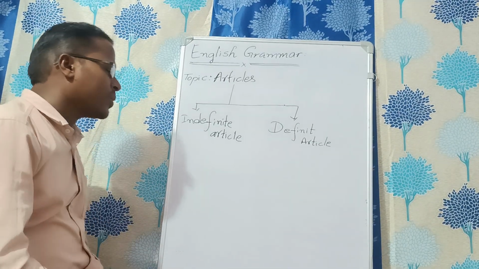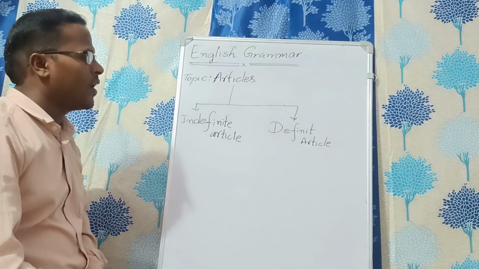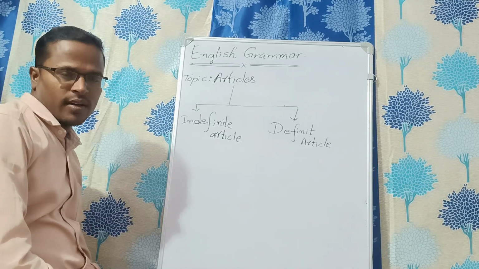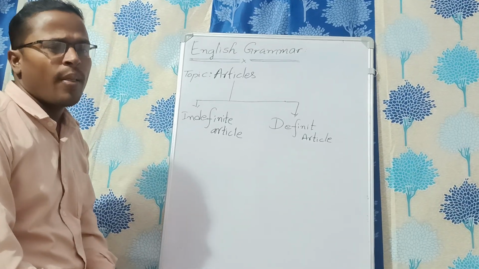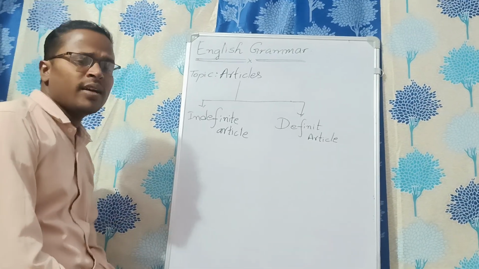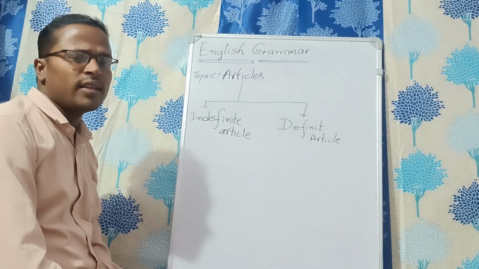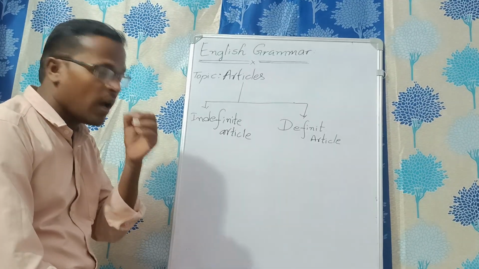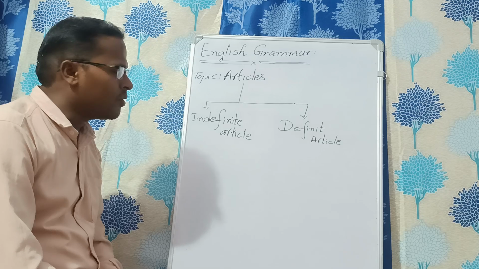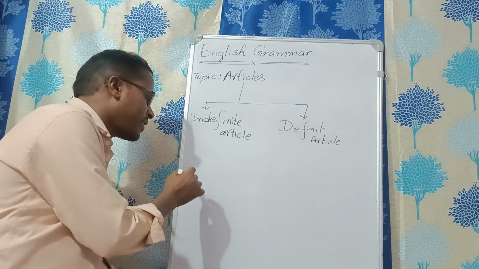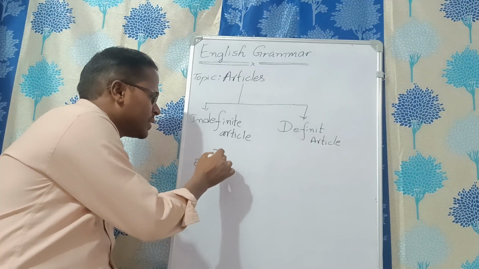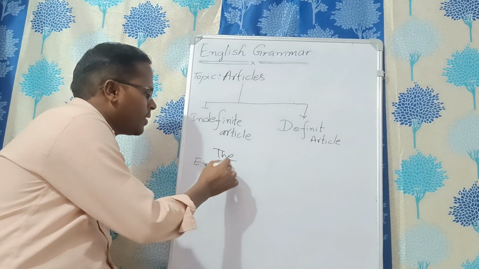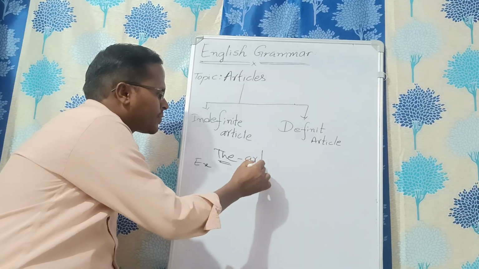They should know so many rules while using the definite article. Generally it is used before a repeated common noun, either a singular or plural common noun. Let us go with one example: when it is used, the article.